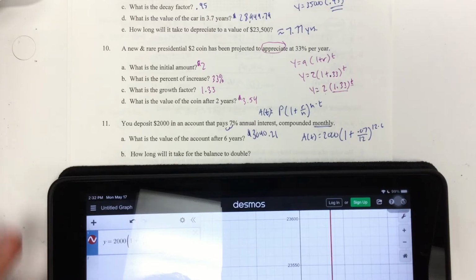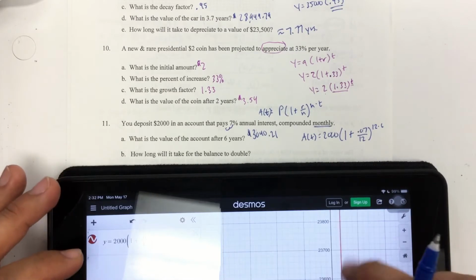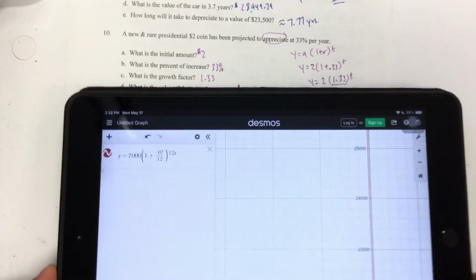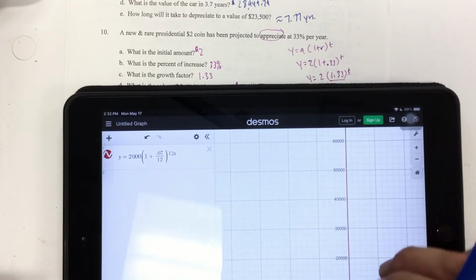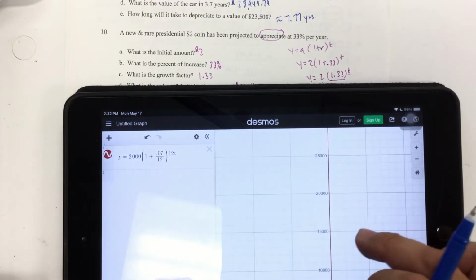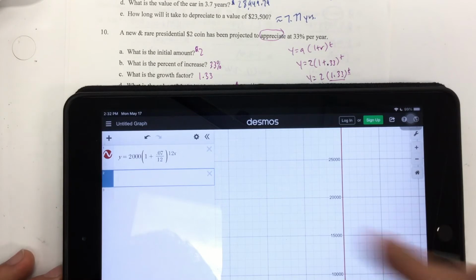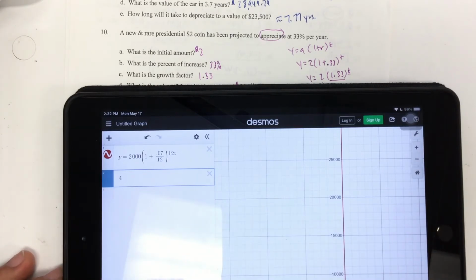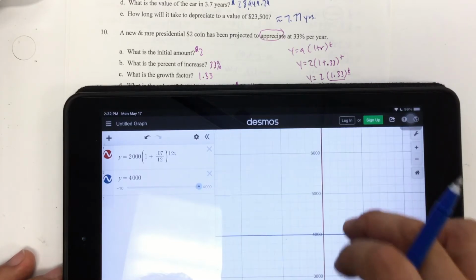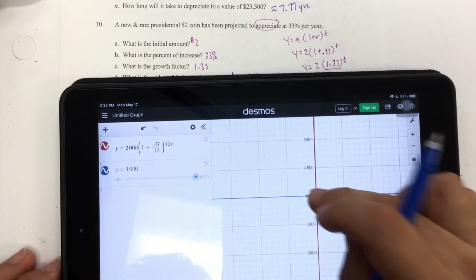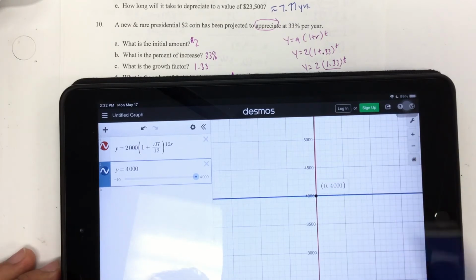And we're trying to make it double here, so I'm going to zoom out. And we're trying to see double, so 2,000 doubled is 4,000, so let's go y equals 4,000. All right, and then we can see the intersection is right here, so I'm going to click on it.